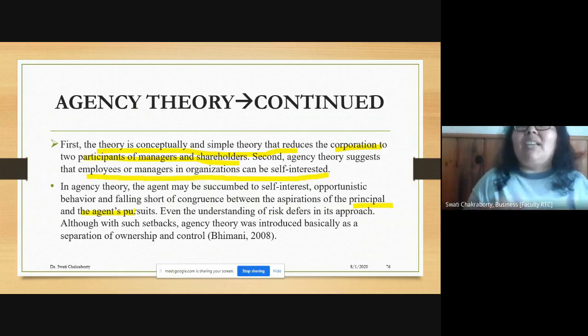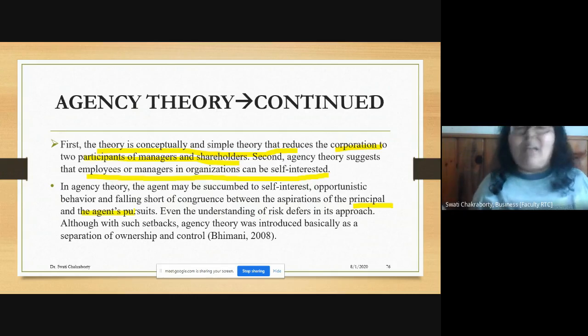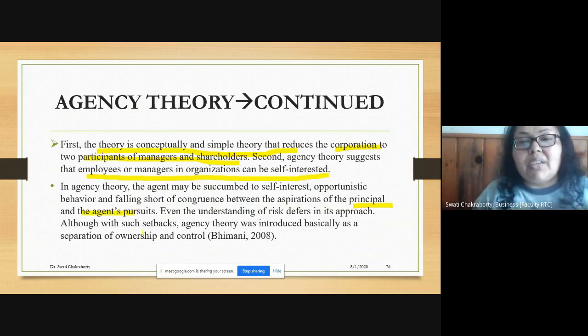Whereas agents can misutilize that money to serve their own interest. It can happen. So agency theory talks of two constituents, managers and shareholders, and there is a possibility that the managers and employees can be self-interested, and then the problem comes up. So there is a risk. There's always a risk here.